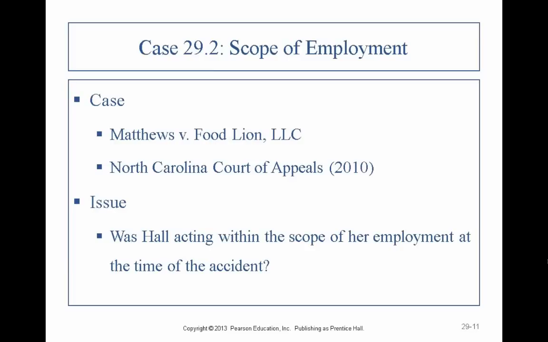Well, you say, but that sounds like a lunch hour. Yeah, but do more senior level employees not necessarily have a concept of a lunch hour? They eat when they can, and driving around and taking a bite is perhaps still within the scope of their employment.